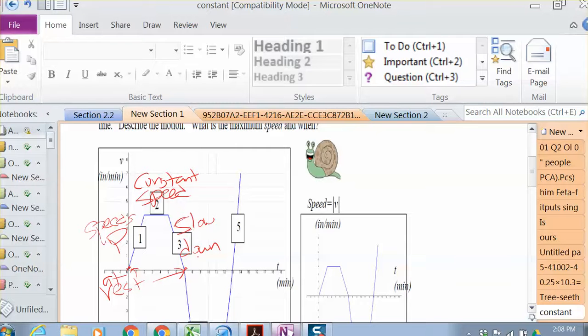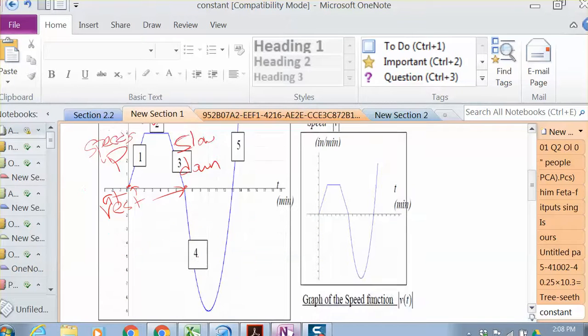But now, at t equals 7, what happens to the snail? It's going backwards, or turns around. And it's going to seem a little weird, but it's actually going to be speeding up from t equals 7 to t equals 10.